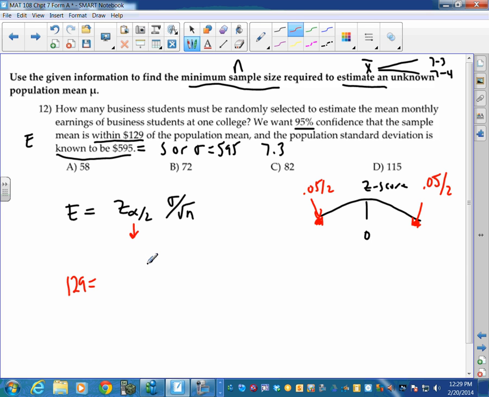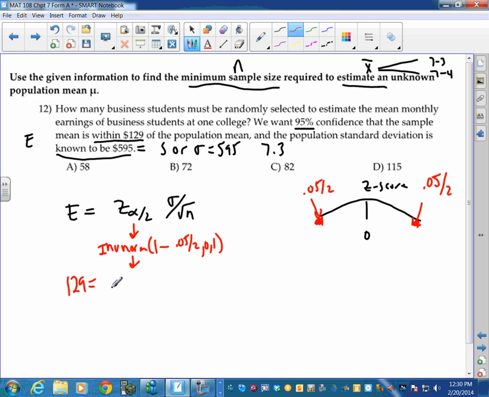First of all, I have to take out your calculator. Take it out. Turn it on. Almost. Not quite yet. Inverse norm. Inverse norm. What numbers are we going to punch in? 1 minus 0.05 divided by 2, and there's our mean and standard deviation if you want to know that.